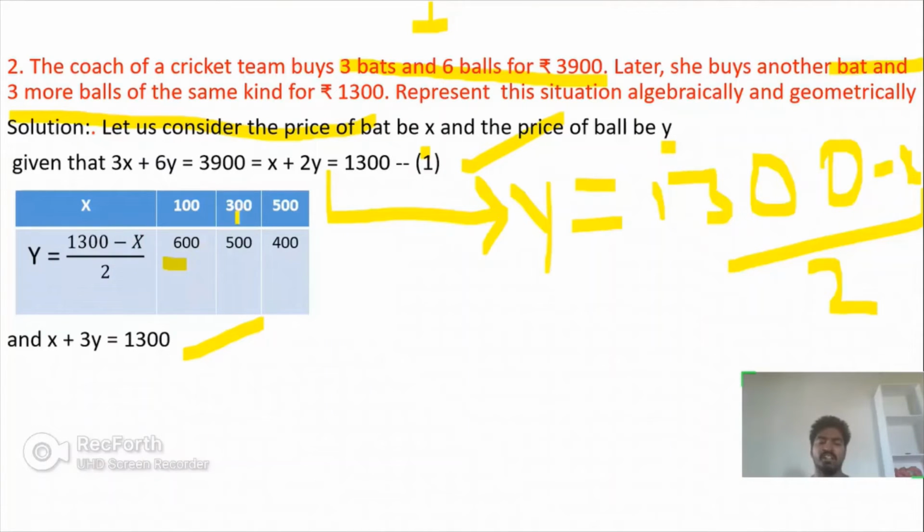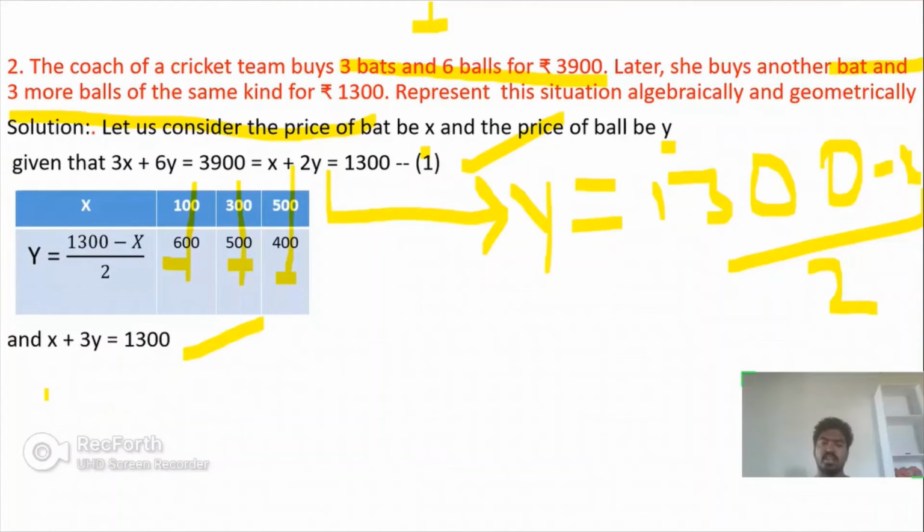If I take x equal to 300, I get 1300 minus 300, which is 1000 divided by 2, that is 500. If I take x equal to 500, y is 1300 minus 500 divided by 2, that means 800 by 2, which is equal to 400. So I find 3 points: (100, 600), (300, 500) and (500, 400).